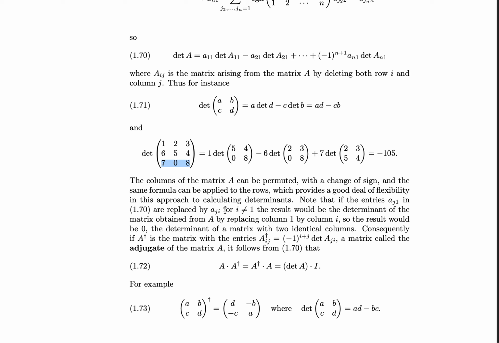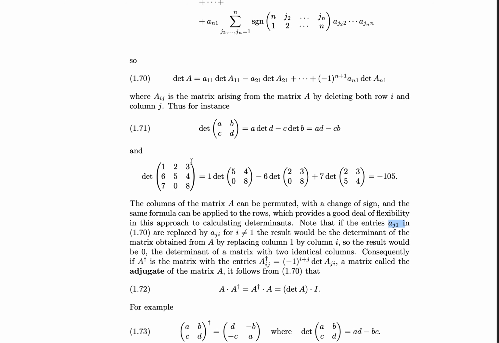Note that if the entries of Aj1 in our formula for 1.70 are replaced by Aji, then you have replaced column 1 by column i. So the result will be 0, because you have the determinant of a matrix with two identical columns.